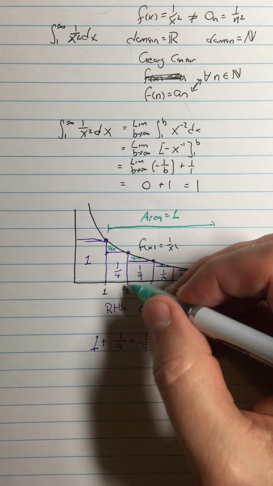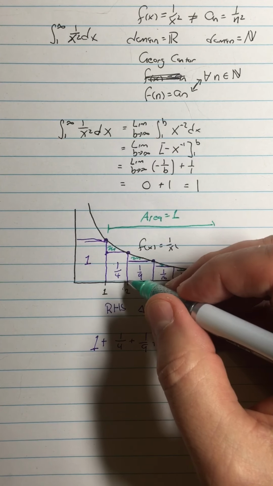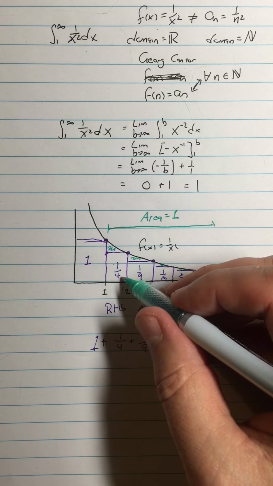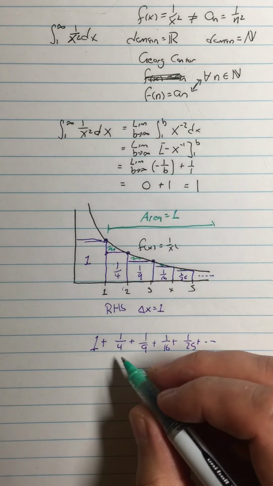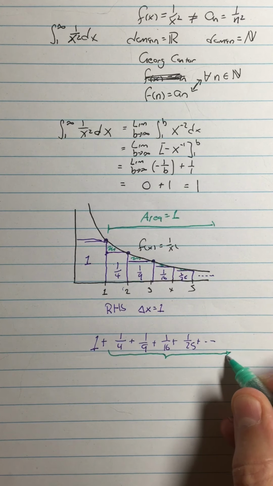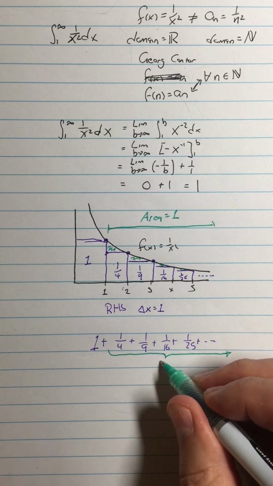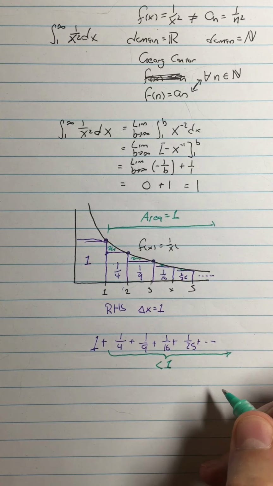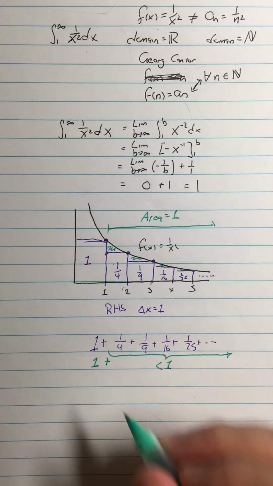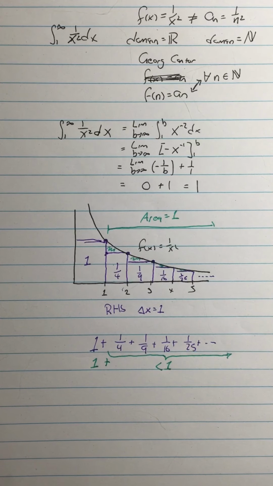A right-hand sum on a decreasing function is an underestimate. So the right-hand sum is less than the value of the integral. That means that this part of our sum, taken all the way to infinity, is less than 1. But of course I had 1 to start with, so I'm doing 1 plus something that is less than 1.